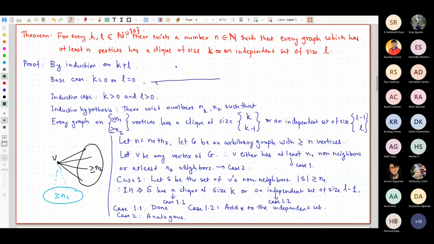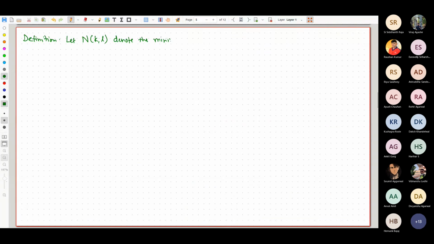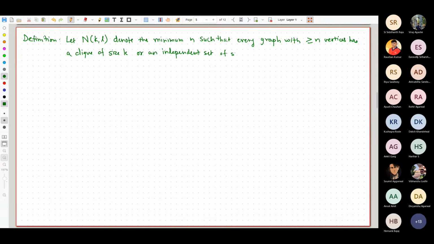So let us denote the minimum such n: the minimum n such that every graph with at least n vertices has a clique of size k or an independent set of size L.